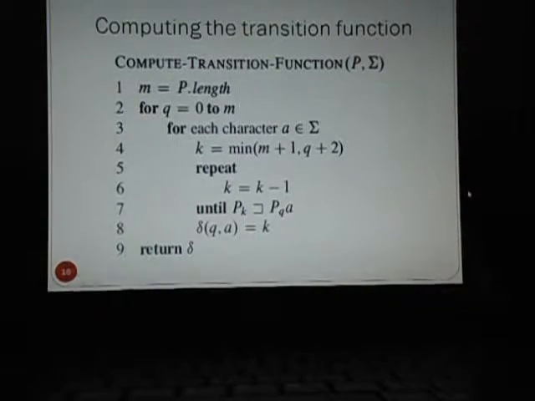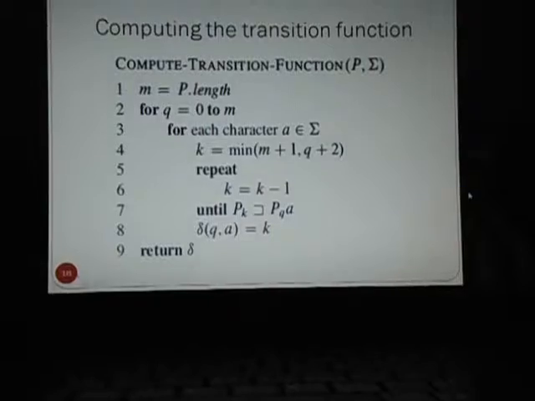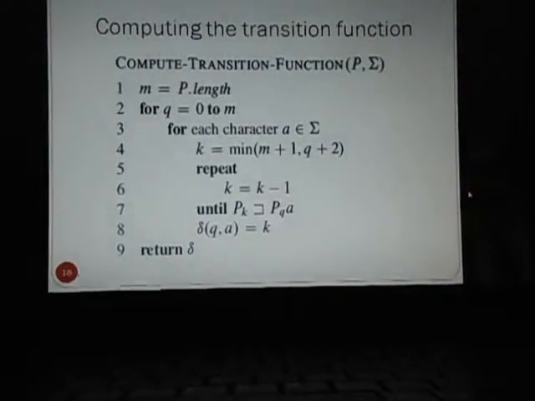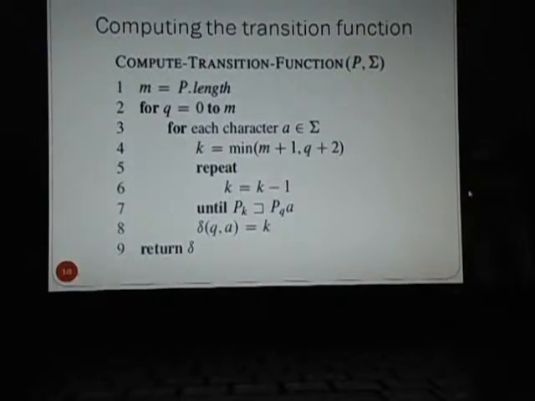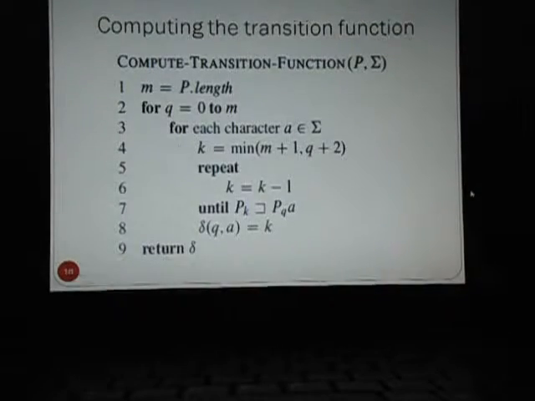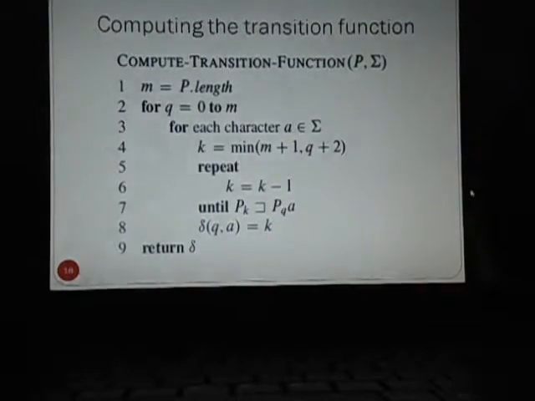Computing the transition function. Now I am going to explain computing the transition function. This is because the earlier finite automaton matcher algorithm does not include the preprocessing time required to compute the transition function delta. That can be solved by this algorithm. Initially m equals p dot length, that is the pattern length, and q equals 0 to m, that is, we start with state 0 up to the accepting state m.